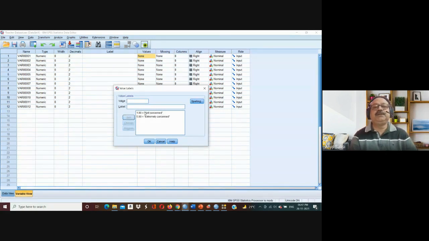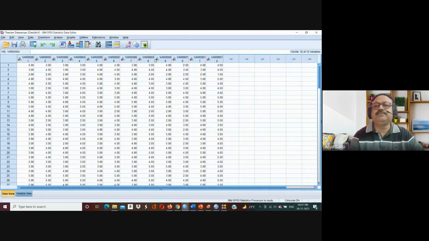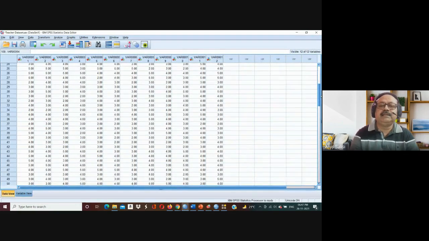So in between these two, there are intermediary values, say 2, 3, and 4. So that can be included also over here. So for labeling and including the values, for alignment, etc., you can use this variable editor view. As far as the data view is concerned, we have populated this particular spreadsheet with data.